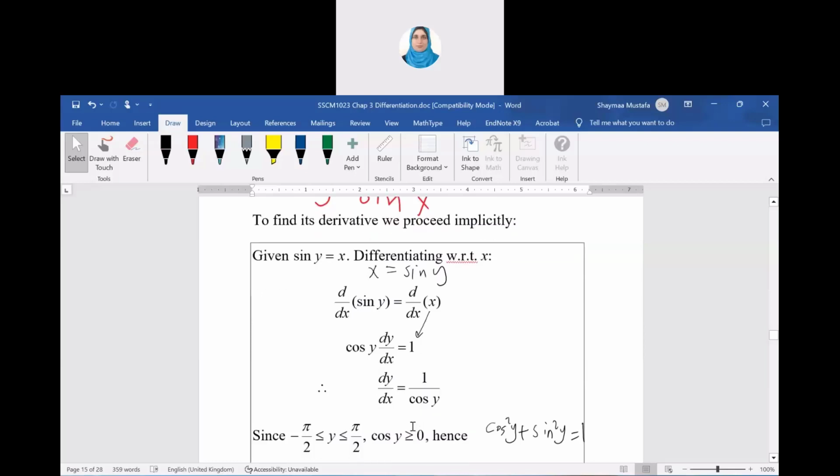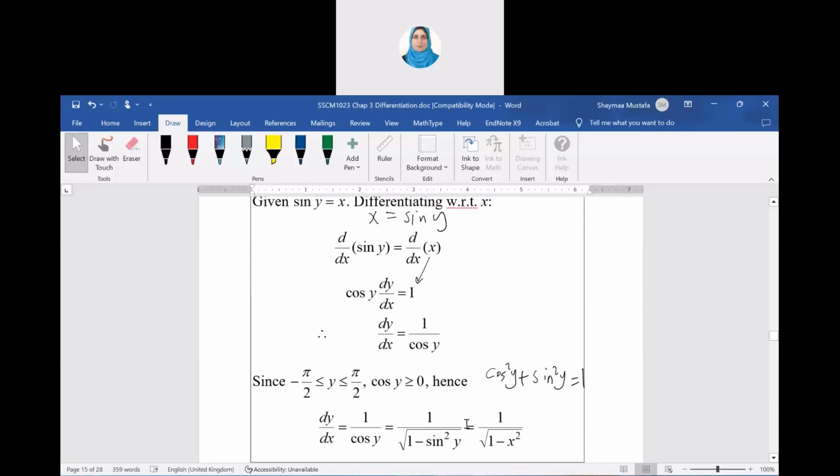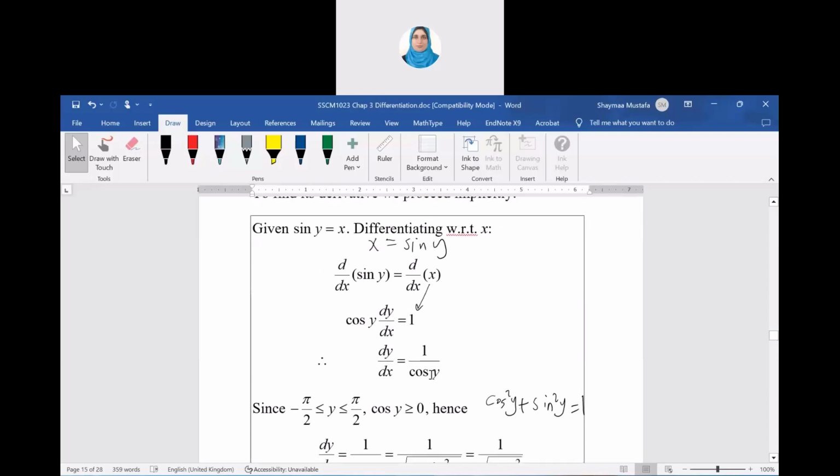Okay, now cos y, using this identity: cos square plus sine square always equal to 1. This is the identity that we have. From this identity, you can easily prove that cos y will be equal to the square root of 1 minus sine square. Just move sine square here. So 1 minus sine square is equal to cos square.